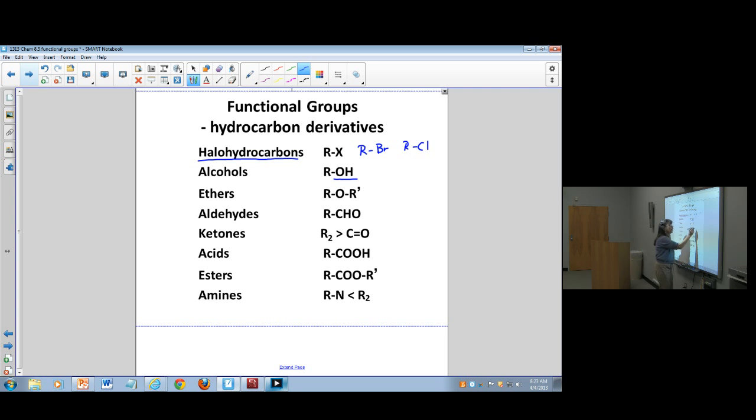Aldehydes have a chain with the carbonyl group at the end of the chain, has to be at the end. Ketones are similar, but they're in the middle of the chain somewhere. They're very much like aldehydes in their structure, but they're not at the end. Acids, again, those are at the end of some chain, while the esters are in the middle of some chain.